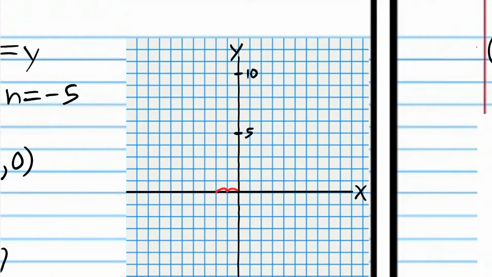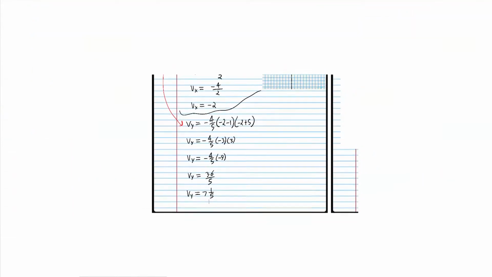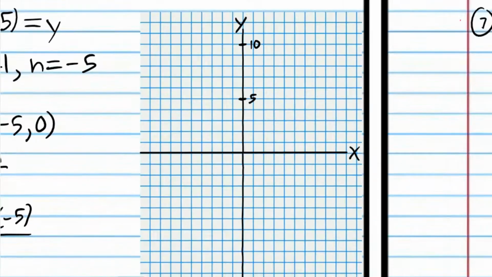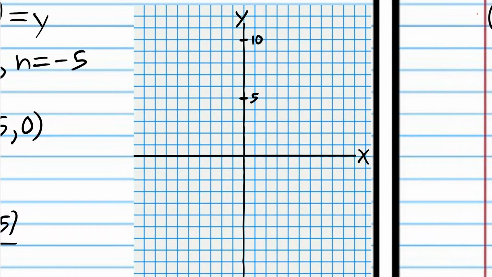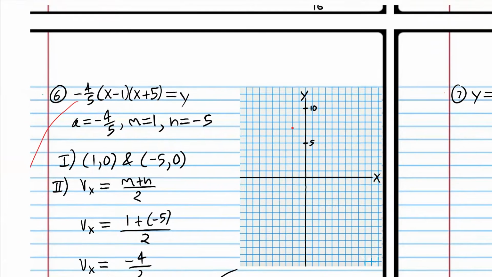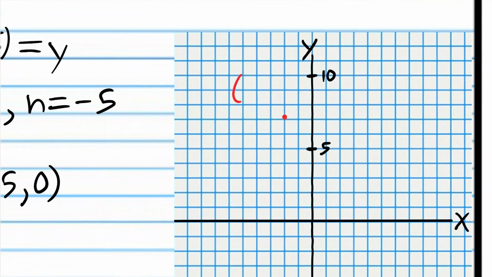-2 and 7 1/5. Sorry, this program jumps around for no reason. -2 and 1, 2, 3, 4, 5, 6, 7 and 1/5. So that's about there. And I know this parabola is going to be going down, so I should write my point up here.